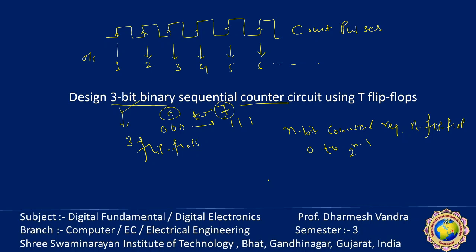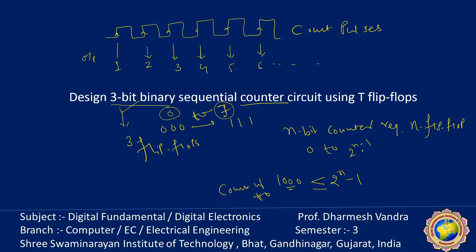Suppose someone says that I want to design a counter which can count up to 1000. So we have to identify n such that 1000 must be less than or equal to 2 raised to n minus 1.